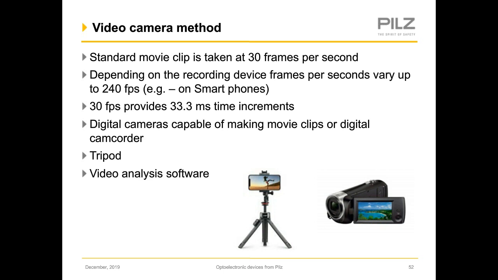Digital cameras are capable of making movie clips, as is a digital camcorder. Then use a tripod and use video analysis software. Basically, this is the software that will play that video and give you the specific frames per second that you need for the count.